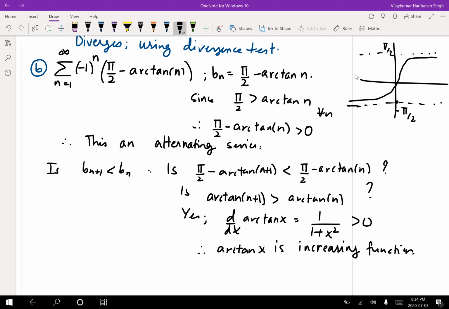So therefore, we have arctan of n plus 1 is bigger than arctan of n. That would mean this is true. So therefore, Bn plus 1 is less than Bn. So the first thing is fine.